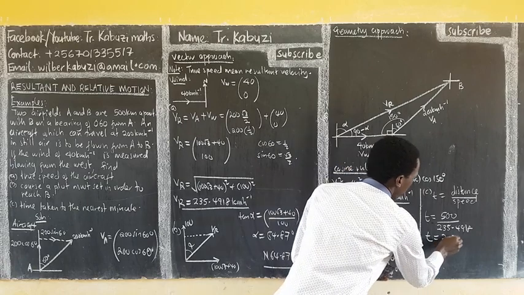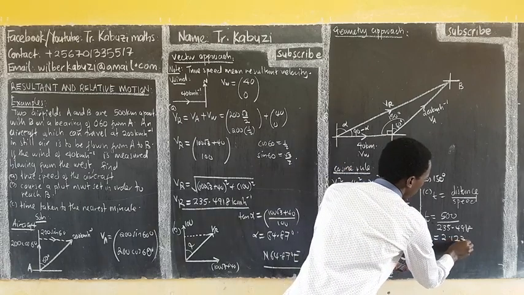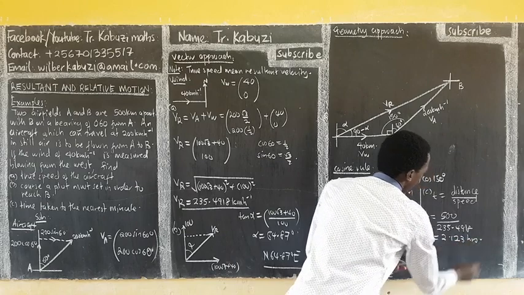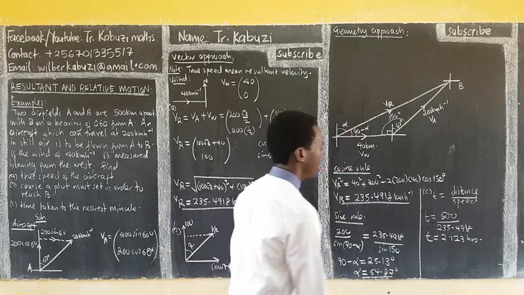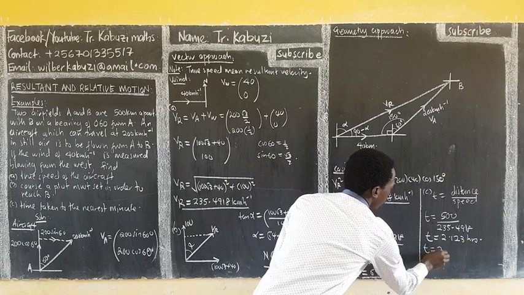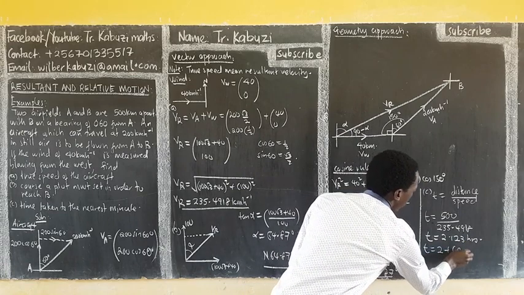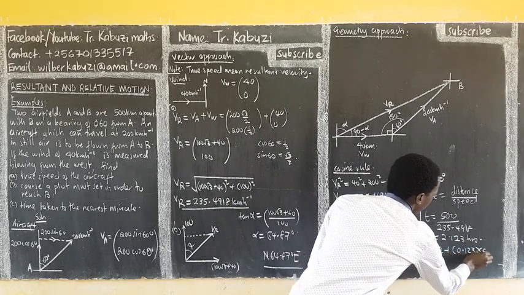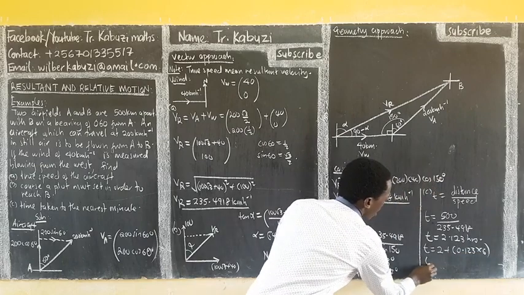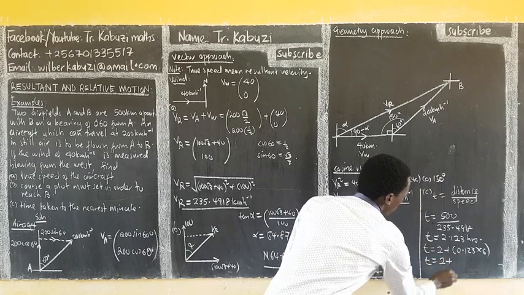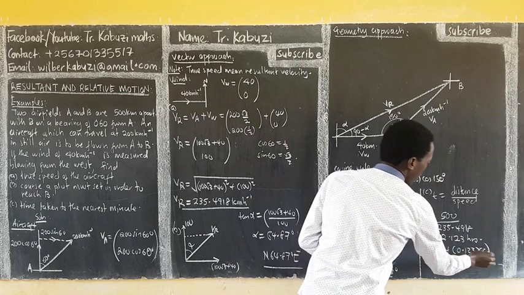And so my time there is going to be 2.123 hours. They told us the nearest minute. So this will be 2 hours, then plus 0.123 times 60. Why times 60?